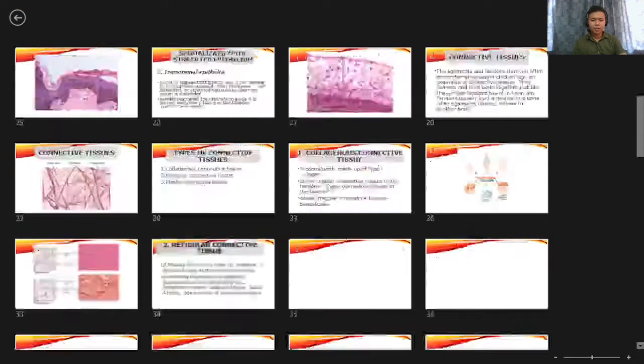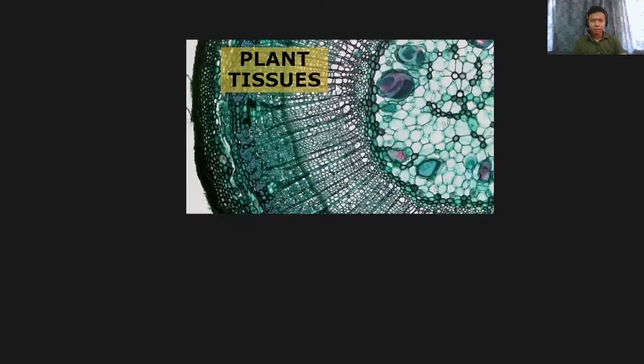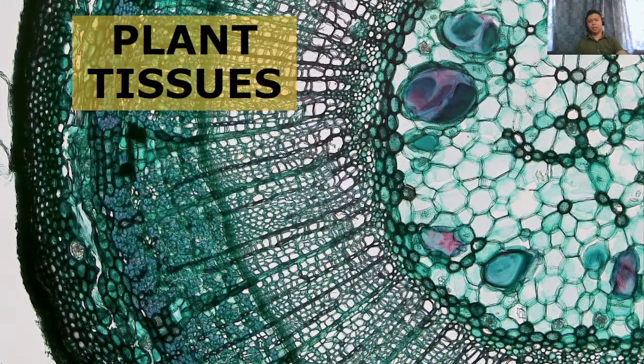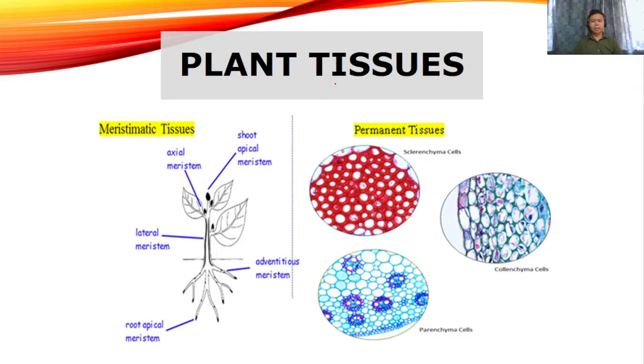Now let's proceed to plant tissues. Plant tissues are different from animal tissues as they are categorized into meristematic tissues and permanent tissues. Talking about meristematic tissues, they are responsible for the growth of the shoot system and for the growth of the root system.